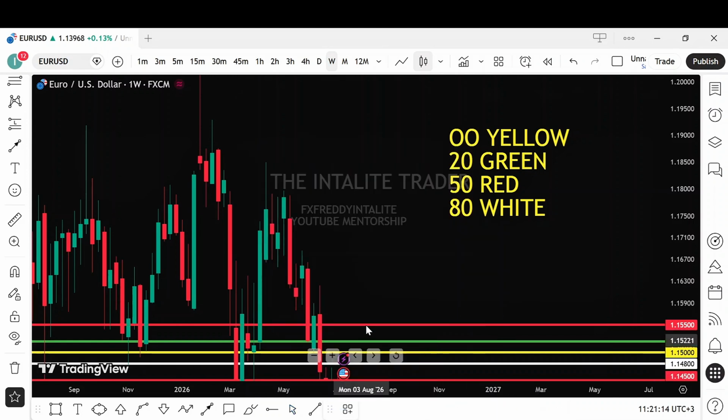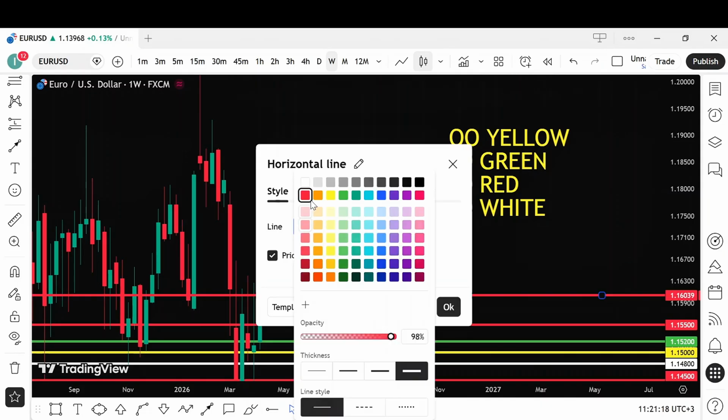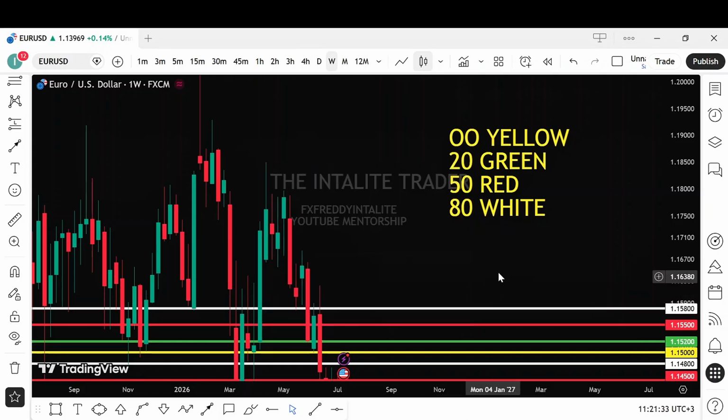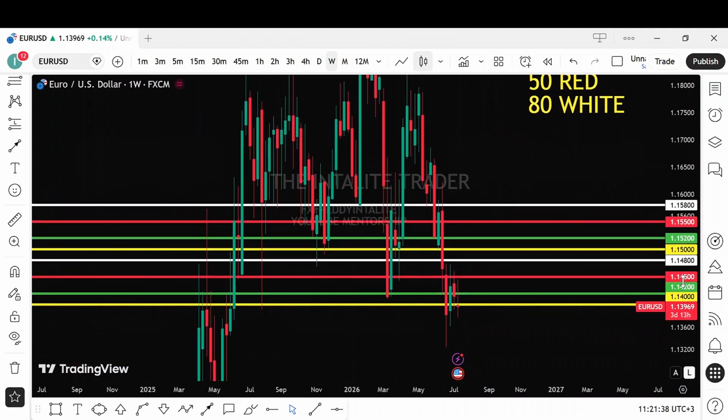And then you have white with coordinates of 1.1580. Click OK, and so on and so forth.